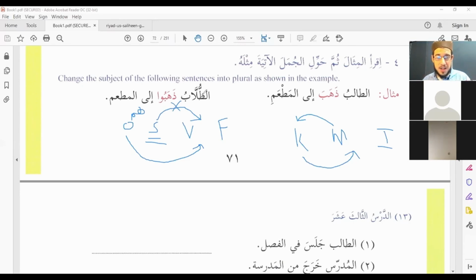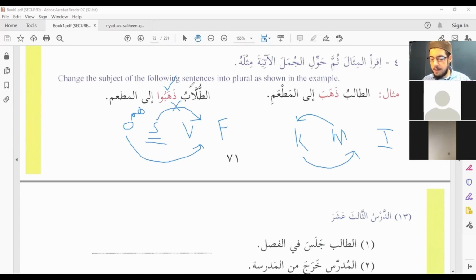Now, the question as to why the verb in a jumla fi'liya doesn't agree with the literal number of the subject, I don't know exactly. You would have to ask a historian of the language, but I am guessing that it just has to do with simplicity, because Arabic does not like redundancy.